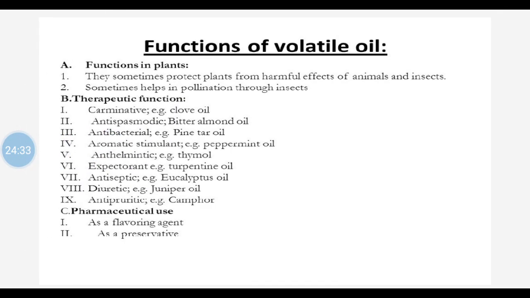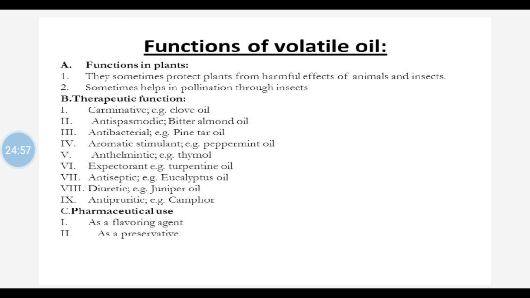Now, functions of volatile oil. So in plants also they have an important role, like they protect plants from harmful effects of animals and insects, and sometimes help in pollination through insects.